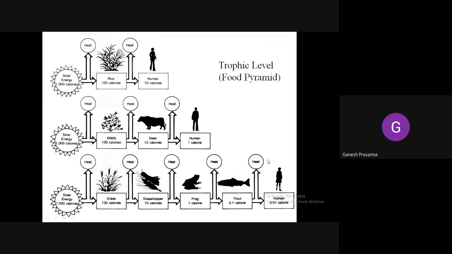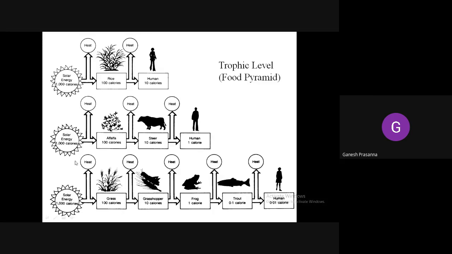Okay, so these are the food chains, that is food trophic levels or food pyramids. You can see grass of 100 calories, grasshoppers of 10 calories, they are being consumed by frog of 1 calorie, and trout of 0.1 calorie, and humans 0.01 calorie.